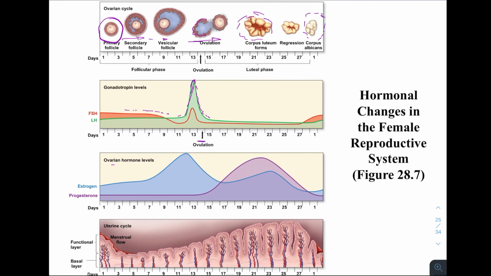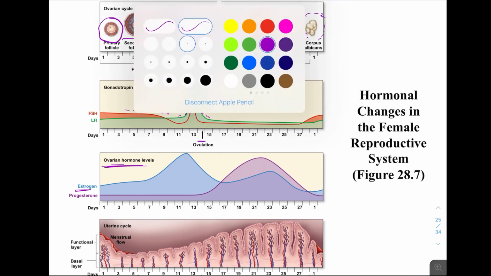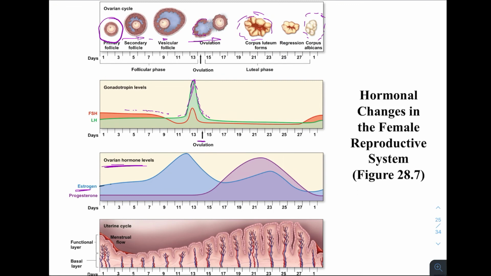The hormones from the ovaries, it shows you that estrogen is the hormone that is in higher quantities at first and is going to go up until it hits about day 13. And then you get that LH surge, and then it starts basically dropping down.